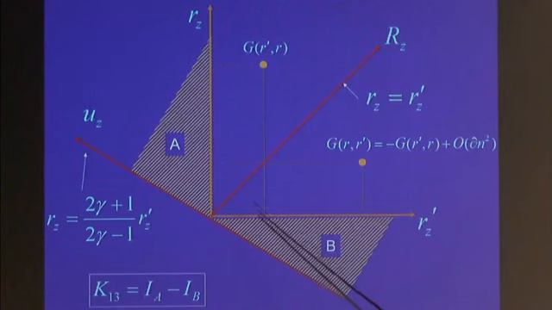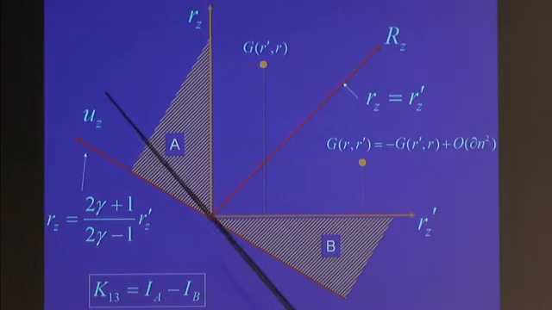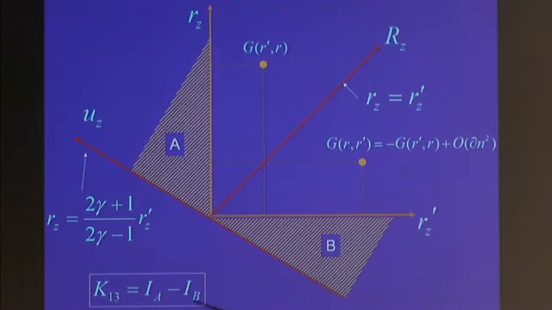But if the integration is done over the extended space in terms of capital R, then you end up with K13, which is the difference between region A minus region B. And there is an accidental cancellation of K13 in the case of the exact orthogonal case, IA equal IB.